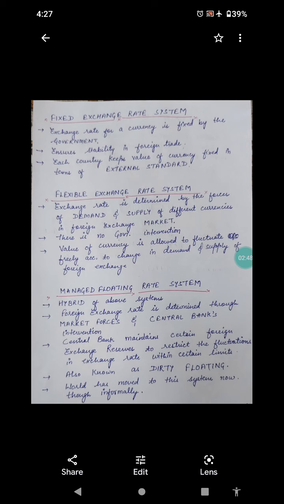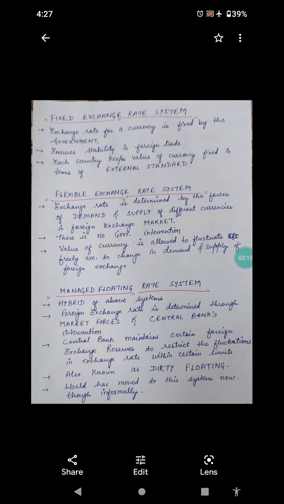Okay, fixed exchange rate system, that is, the exchange rate for a country is fixed by the government. So it will ensure stability in foreign trade, and each country keeps the value of its currency fixed in terms of an external standard.